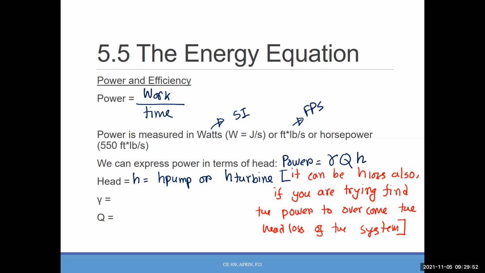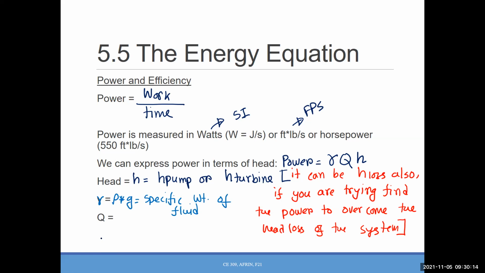So this will be any type of head you are trying to work on, okay? Gamma is what? Density times g, and that is the specific weight of what? Fluid, right?